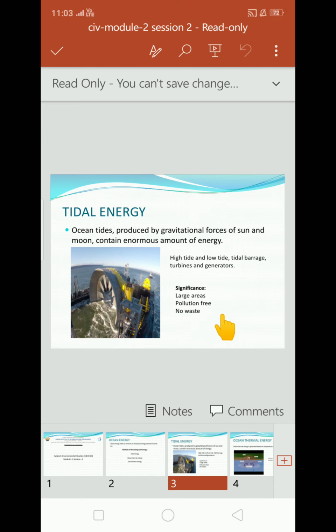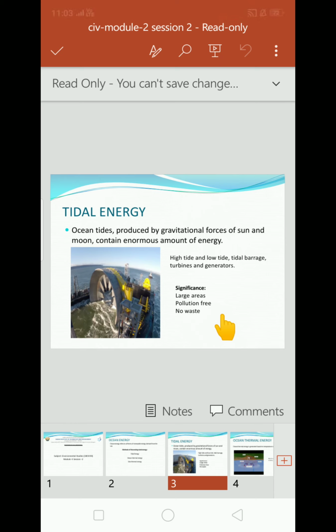And if I speak about the significance of tidal energy, it does not require large areas. To produce tidal energy we don't need large areas, it is a pollution-free energy source, no fuel is used, and it does not produce any waste.